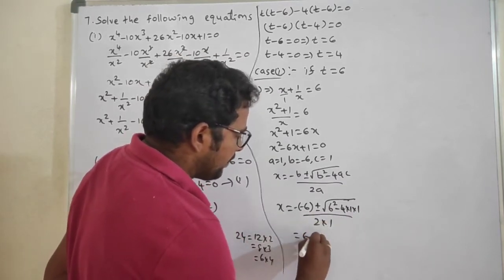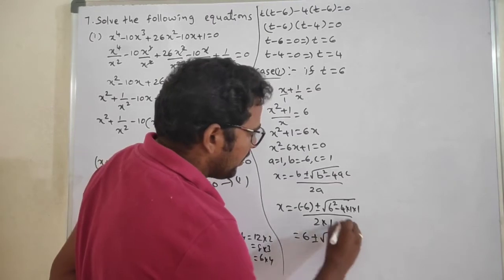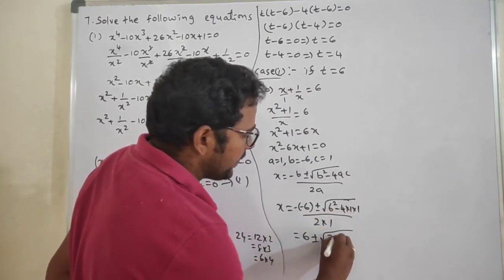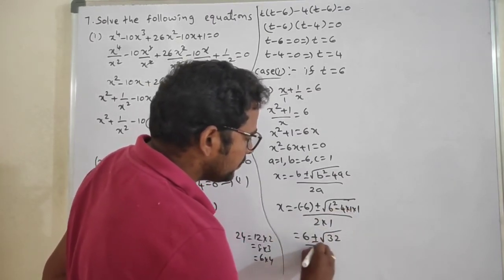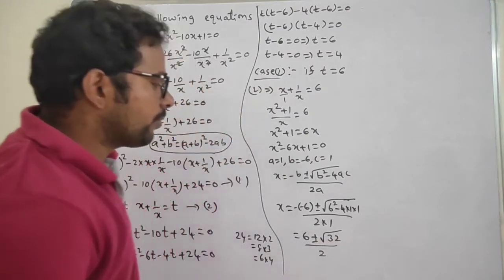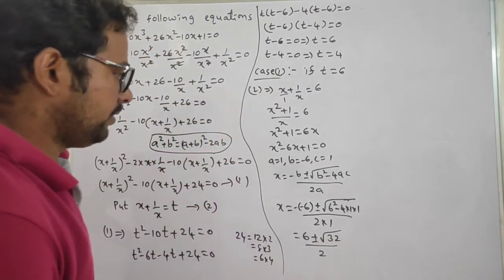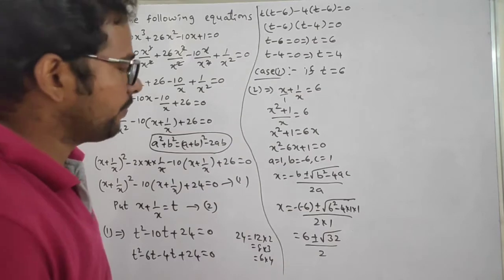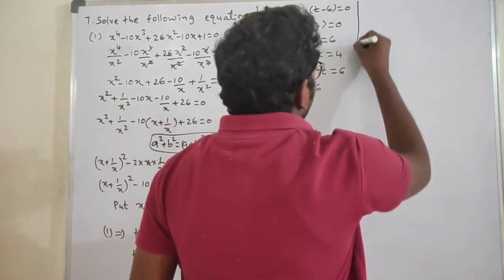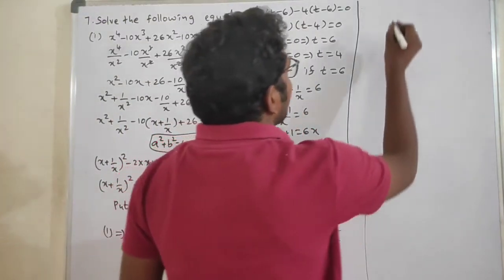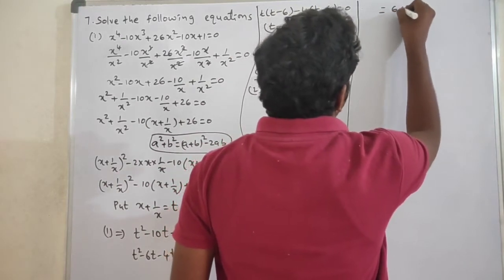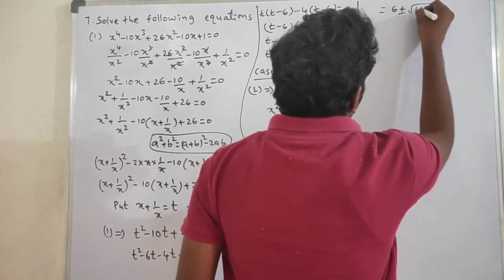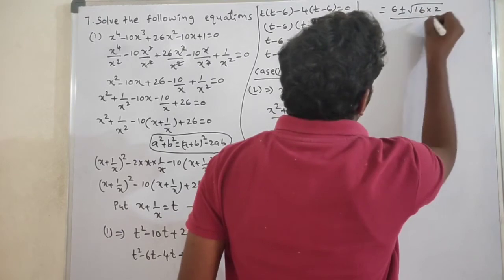That is 6 plus or minus under root of 36 minus 4, which is 32, by 2. Root 32 is 16 times 2.